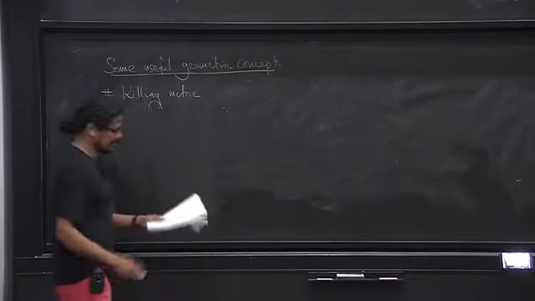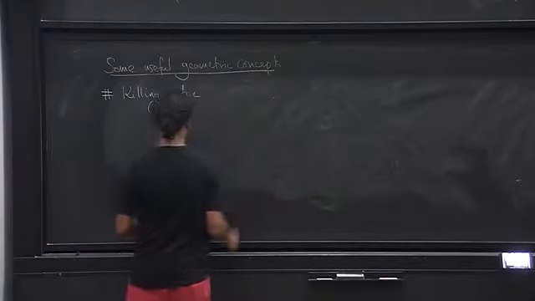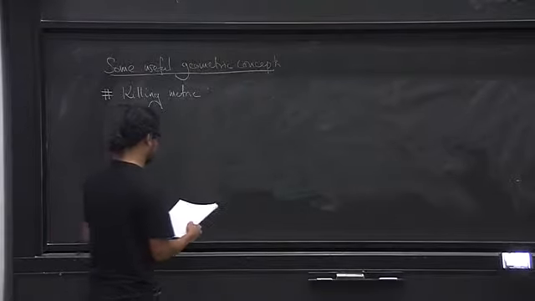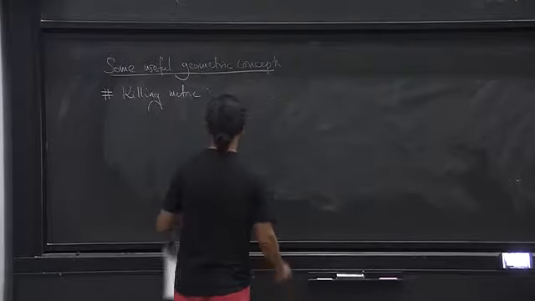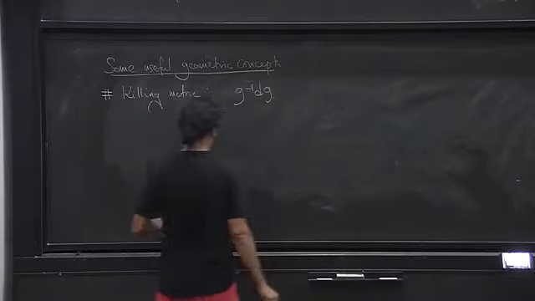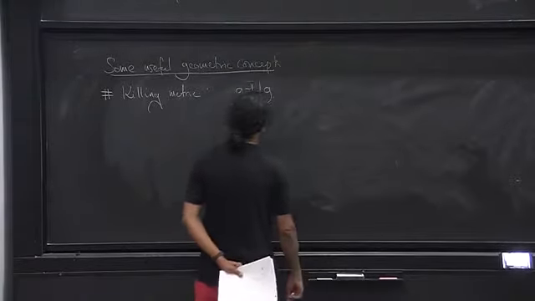This guy is killing it. To define it, we first define what a left invariant one form is. So this is a left invariant one form, g^{-1} dg.